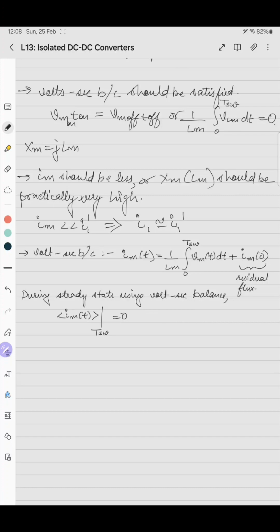What is the average value of Im? Average value is 1 by T switching integral 0 to T switching Im of t dt.